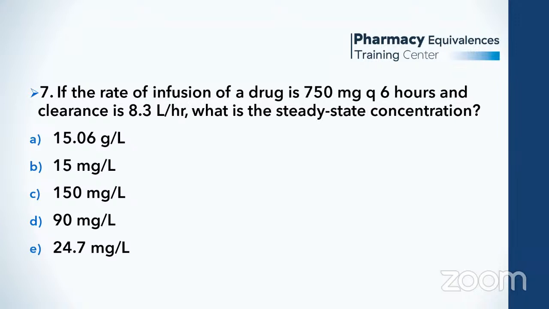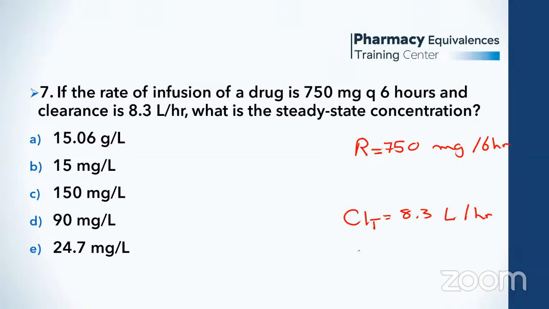As usual, we should know the information that we have. R equals 750 milligram, but every 6 hours. The total clearance equals 8.3 liters per hour.